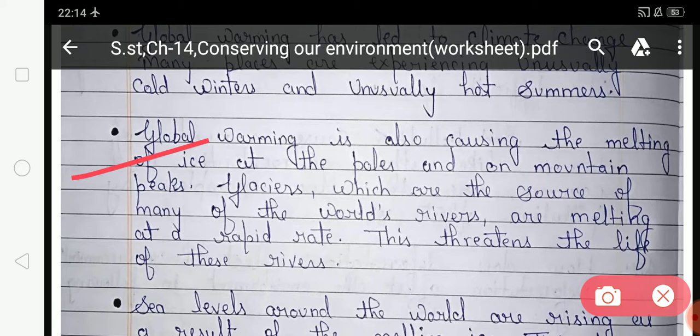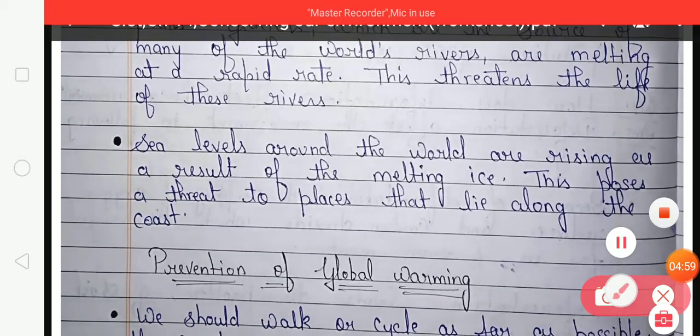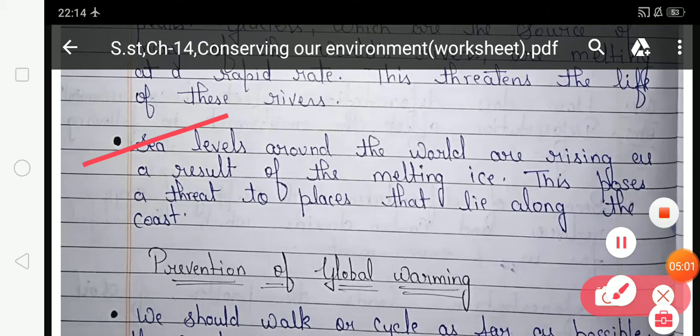Glaciers, which are the source of many of the world's rivers, are melting at a rapid rate. This threatens the life of these rivers. Now look at the third. Sea levels around the world are rising as a result of the melting ice. This poses a threat to places that lie along the coast.